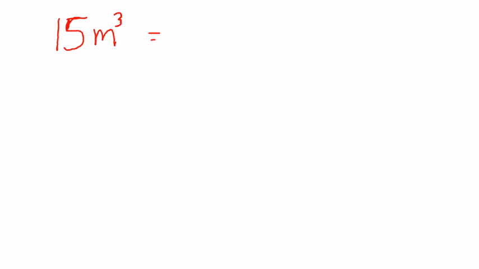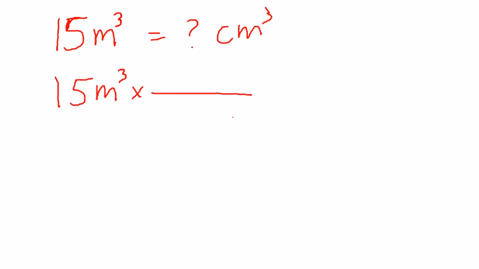And what you need to know is how many centimeters cubed that pond is. Again, we start with our 15 meters cubed and we multiply by centimeters over meters so that the meters will cancel. And 1 centimeter is equal to 10 to the negative 2 meters.